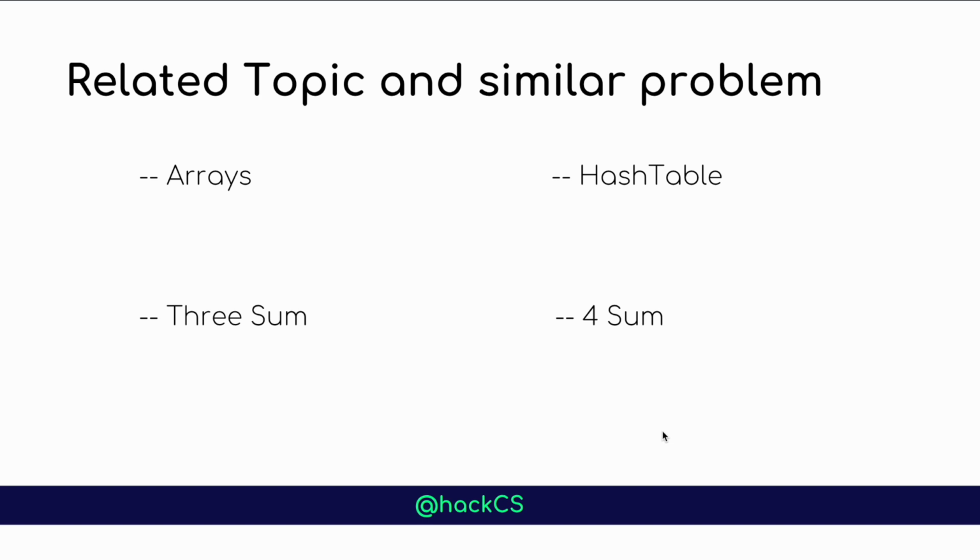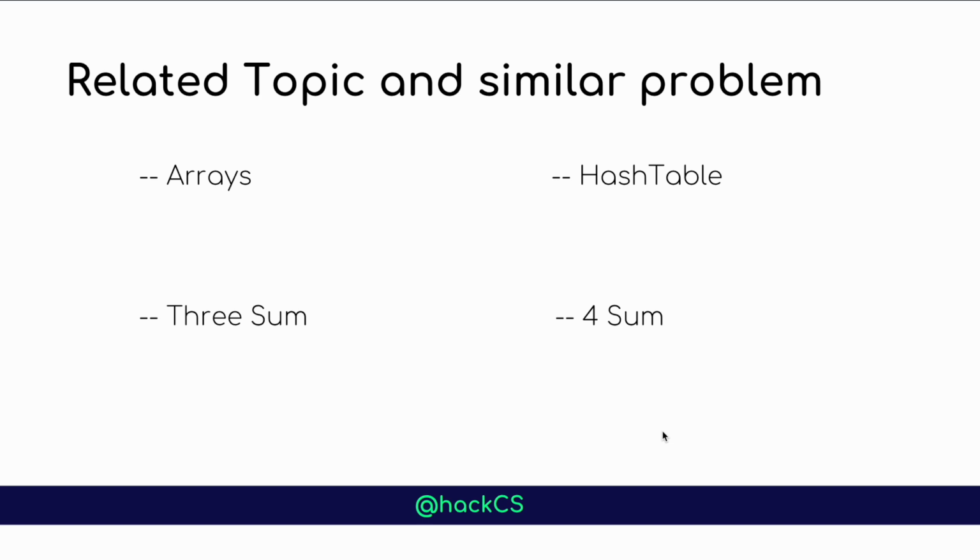Later I might create a video for array and hash table, because in our third approach, the one pass hash map approach, we are using certain methods: get, put, containsKey, which are inbuilt methods of hash map. So I'll maybe create a separate video on hash table later on.